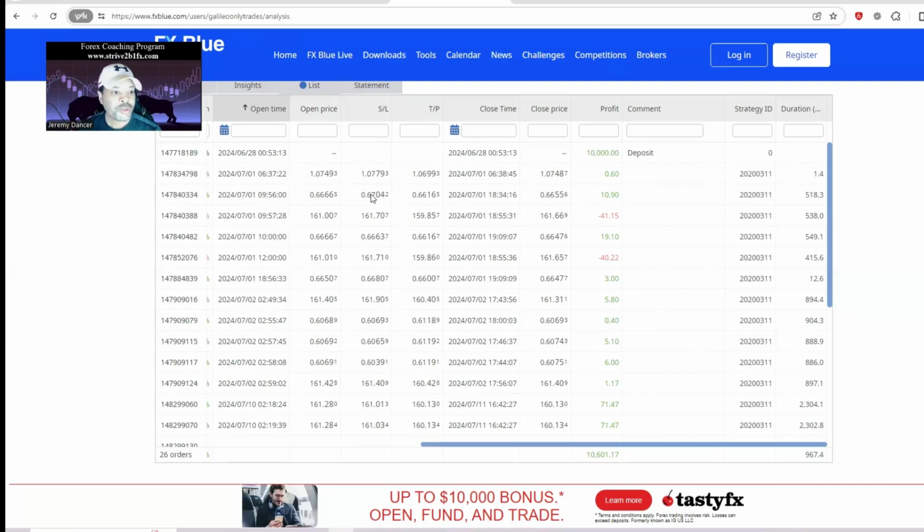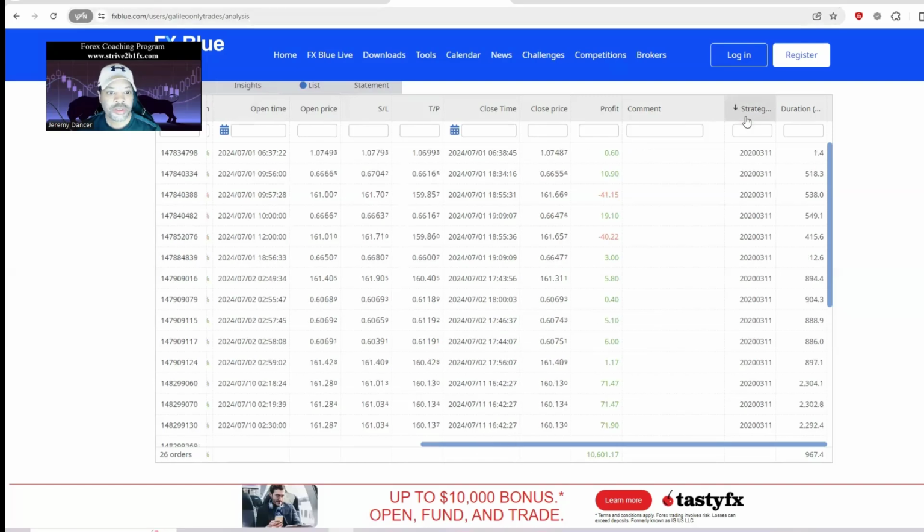All right, so let's go to the strategy ID. So you can see right here is the same exact number that you guys saw from my MetaTrader 4. So that's how you guys know all of these trades that are taking place are from Galileo.